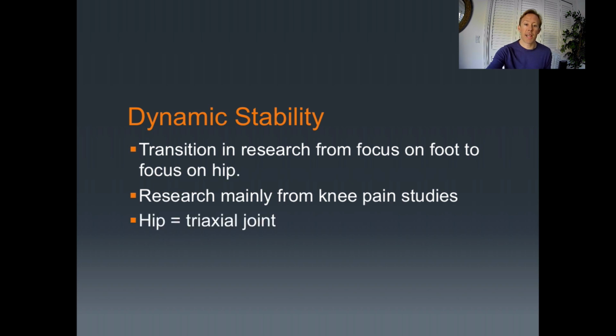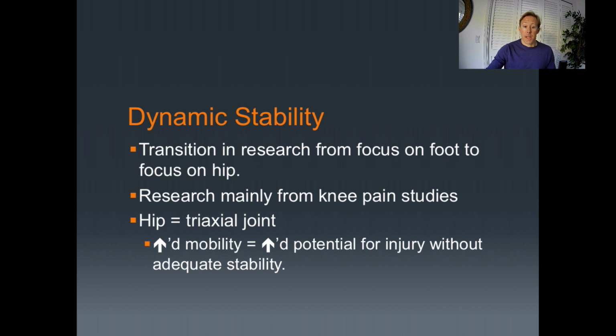So the hip is a triaxial joint, right? It can move in all three planes of motion: sagittal, frontal, and transverse. Because it's a ball and socket, it has greater mobility, and often joints with more mobility have less stability. The shoulder is even more true of this. Another ball and socket, it's even less stable than the hip.